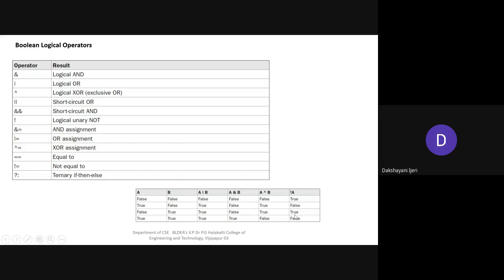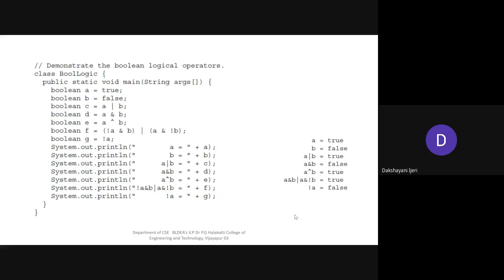This is just a simple example to show you how the Boolean operators can be used and how you are going to get the result. Here various variables have been taken: A, B, C, D, E, F, G. Initially, A has been initialized with the value true and B has been initialized with the value false.